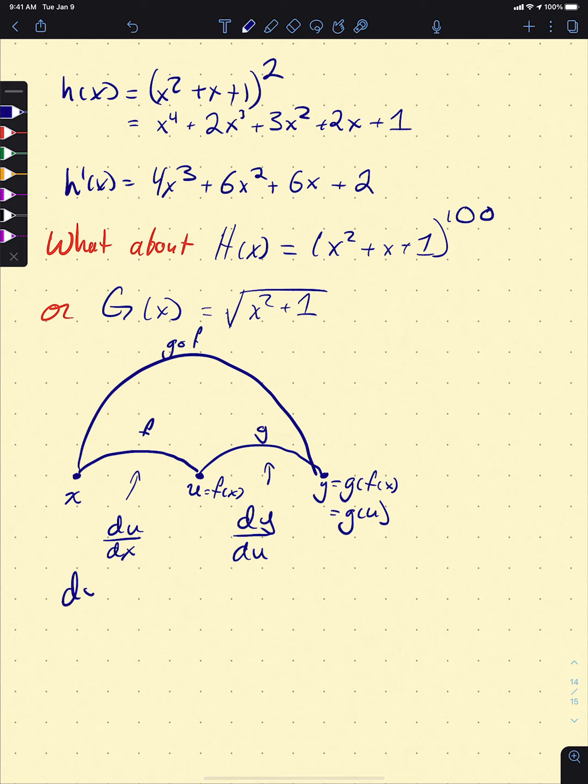And here's why. Okay, again, this is not a full proof, but it is the idea. Those cancel, right? Those cancel, leaving dy dx, right? Which is the derivative we're looking for.